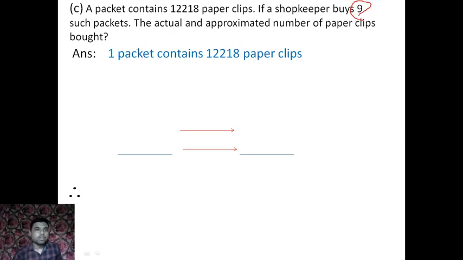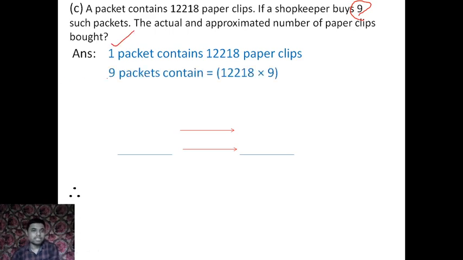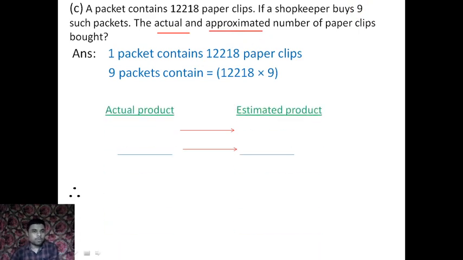So when it is told for 1 and asking for 9, what will we do? 9 packets contain. We'll do multiplication. Now in the question it is asked for actual and approximated, so we'll do both.